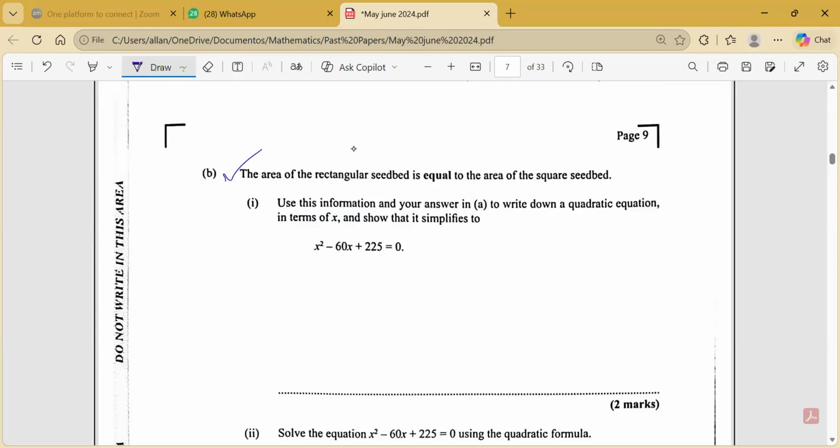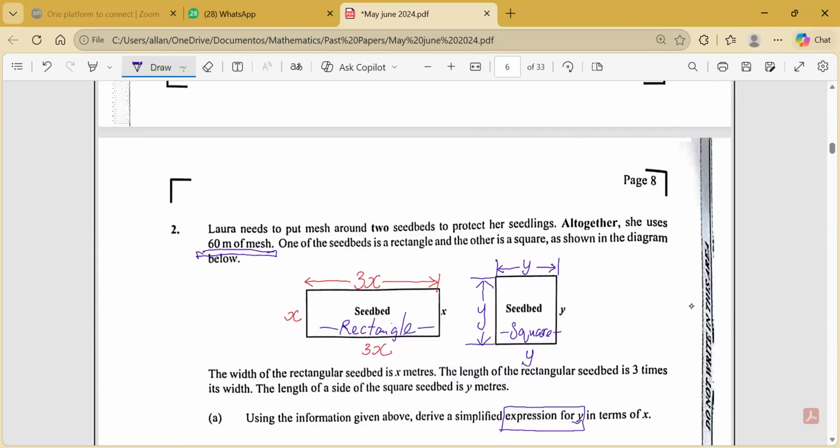Use the information. So what's the area of the rectangular seed bed? Let me ask somebody who didn't talk much today. Deshaun, what's the area of the rectangular seed bed? What is the area of a rectangle?